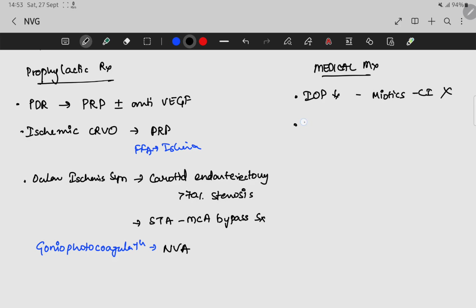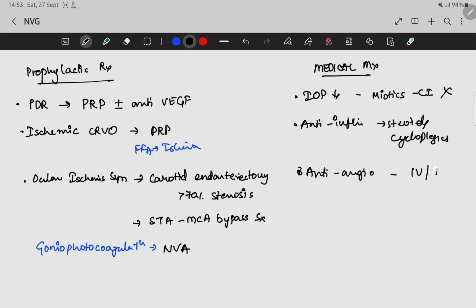Along with that, we give anti-inflammatory drugs like steroids and cycloplegics. Then anti-angiogenic drugs like intravitreal or intracameral bevacizumab, commonly 1.25 mg per 0.05 ml.